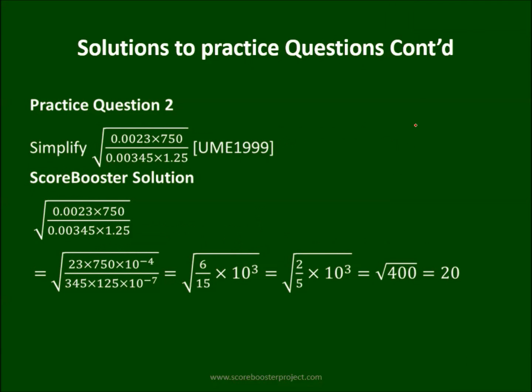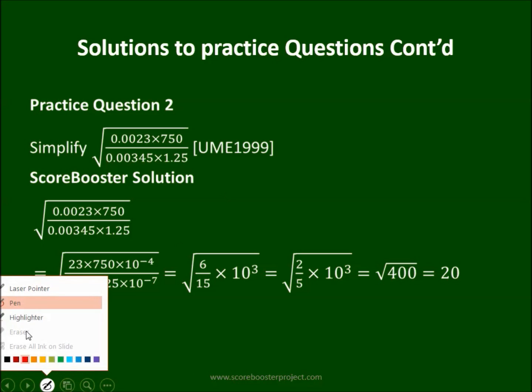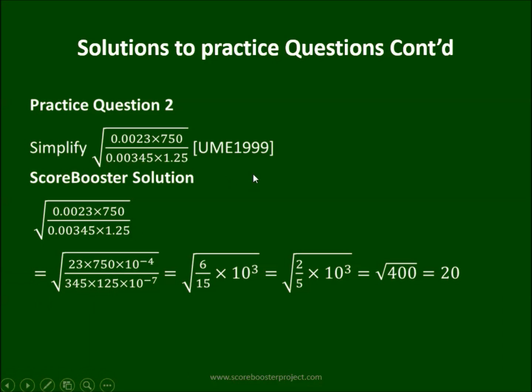So second question: simplify the square root of 0.0023 times 750 divided by 0.00345 times 1.25. This question is from UTME 1999. So the solution is simply the question has been rewritten.